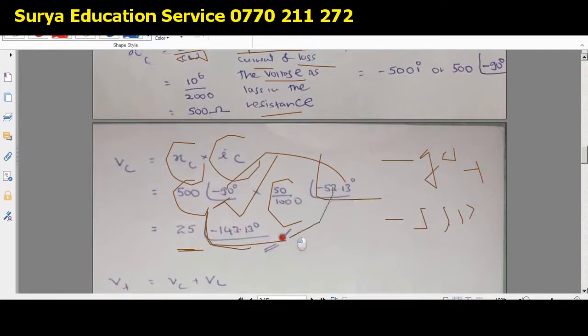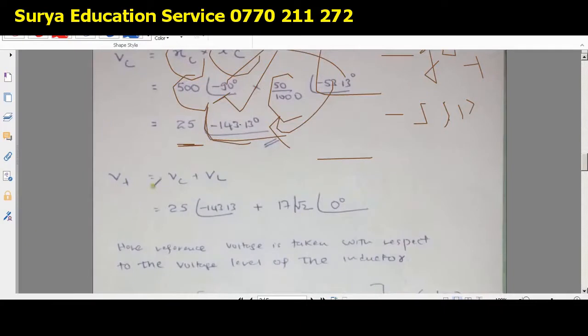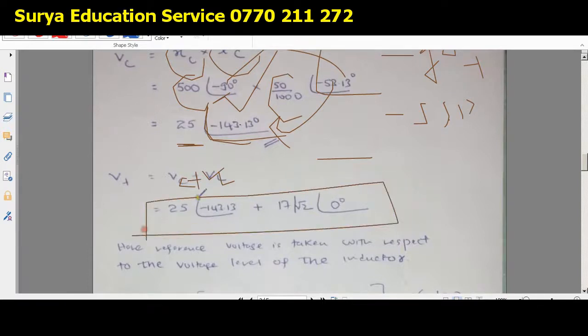So be very careful, all these phase angles are with respect to the reference voltage that we considered for the inductor. Okay, done. So now the total voltage is the voltage across the capacitor plus the voltage across the inductor, right? So this is the formula, because we know the voltage across the capacitor is 25 volts at a phase angle of minus 143.13, and through the resistor and the inductor, because we can consider one drop, which is 17 divided by root 2.